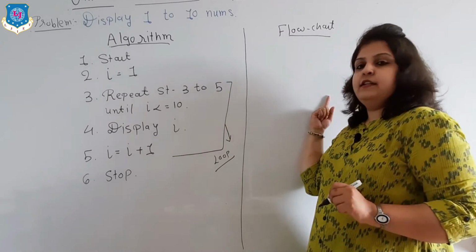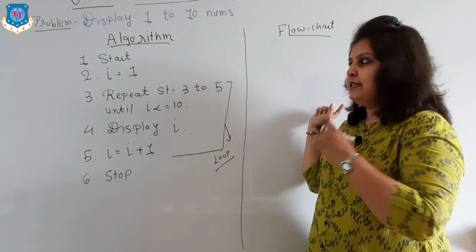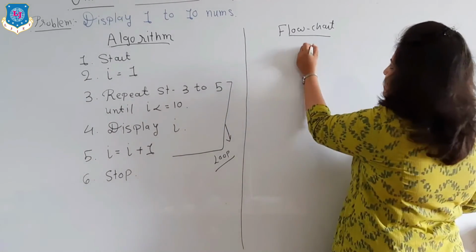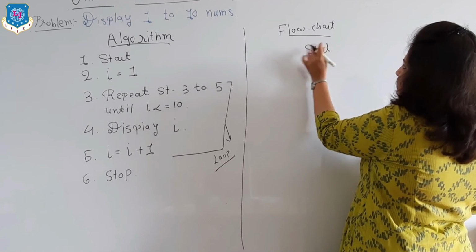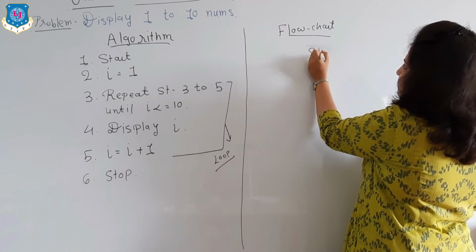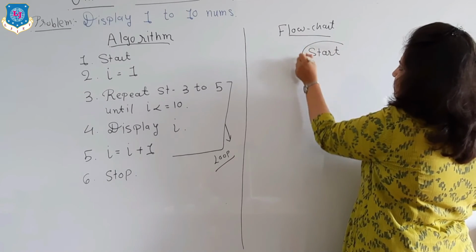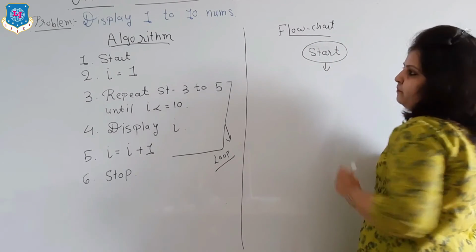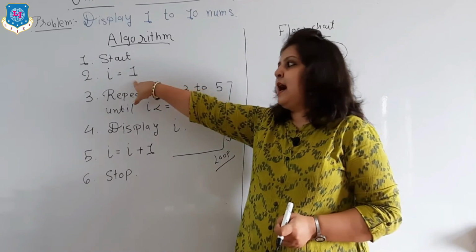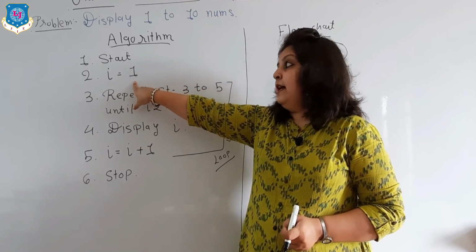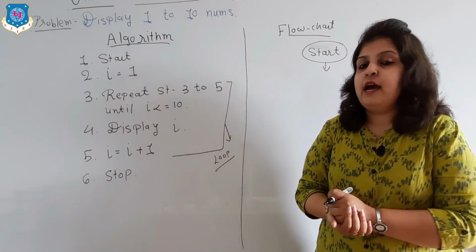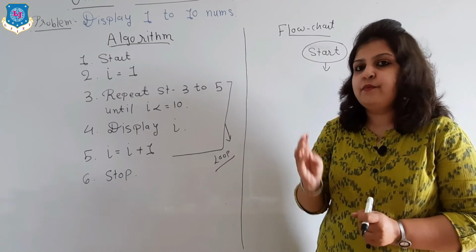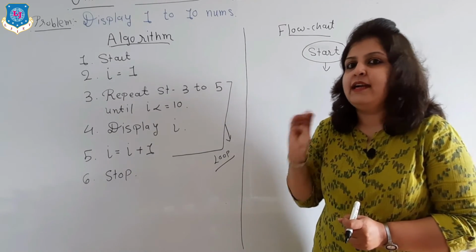So how can we draw the flowchart? Just see here. The first symbol is start. Next is I is equal to 1, and we already know that the rectangle is used for process, expression and calculation.